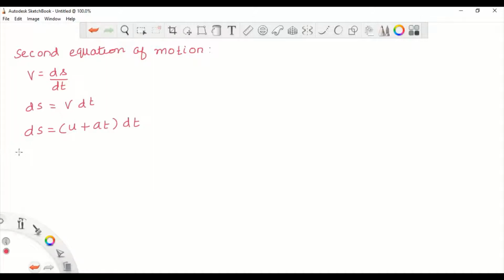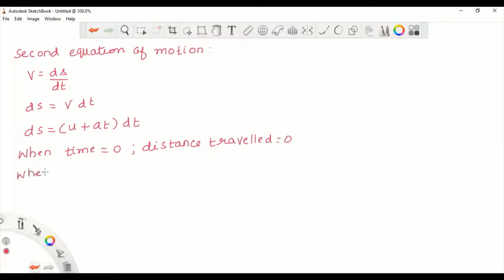Again, we are going to take when time is equal to 0, distance traveled is equal to 0.